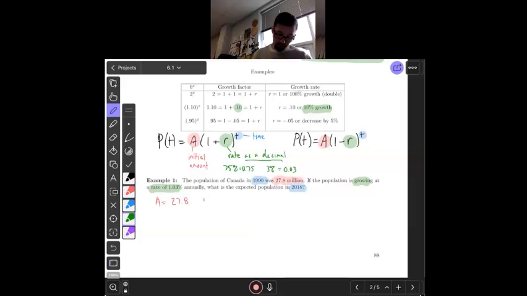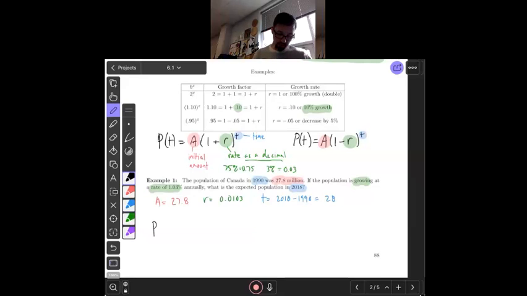Our R value, 0.0103. So make sure we convert that to a decimal correctly. And then our T value, what's the change in time? That's 28 years. So our T value is 28.